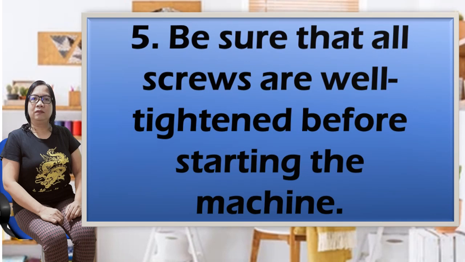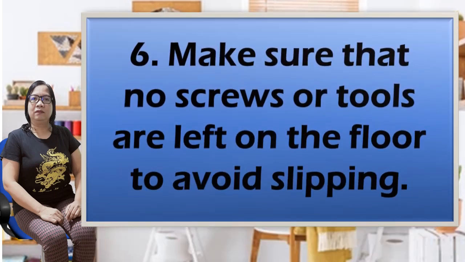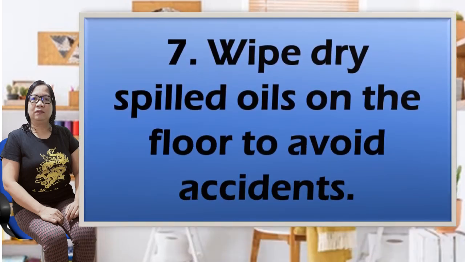Be sure that all screws are well tightened before starting the machine. Number 6. Make sure that no screws or tools are left on the floor to avoid slipping. Number 7. Wipe dry spilled oils on the floor to avoid accidents.